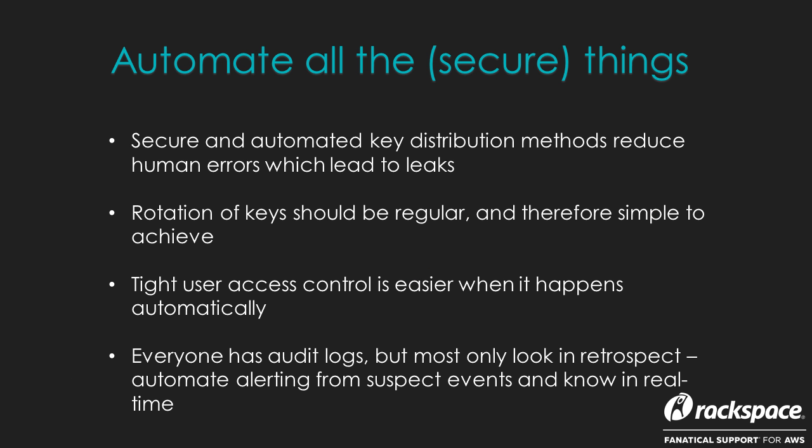I imagine most people have heard the phrase automate all the things. Automate all the secure things is pretty much the same. When you start looking at using encryption, you need to figure out how to manage your key distribution methods. Securing and automating that distribution method reduces a significant attack surface, effectively in the form of human error.